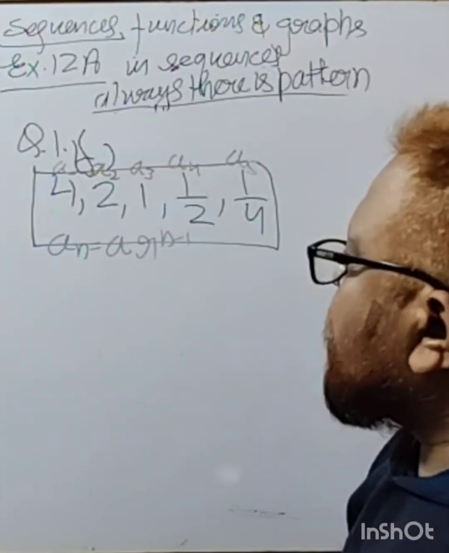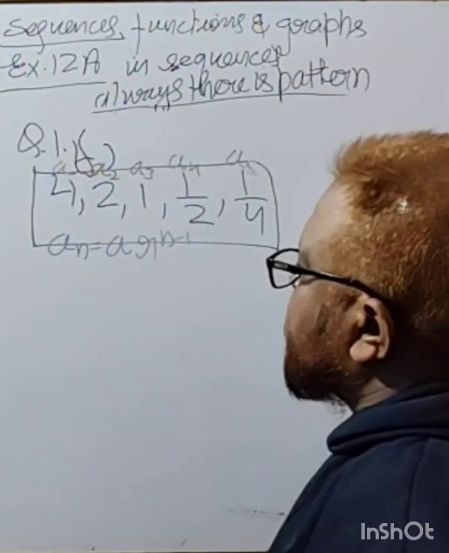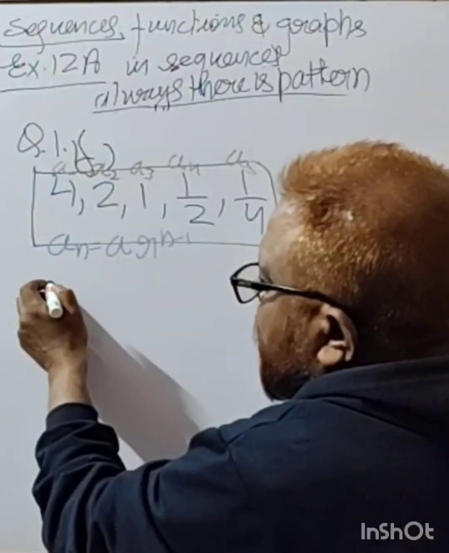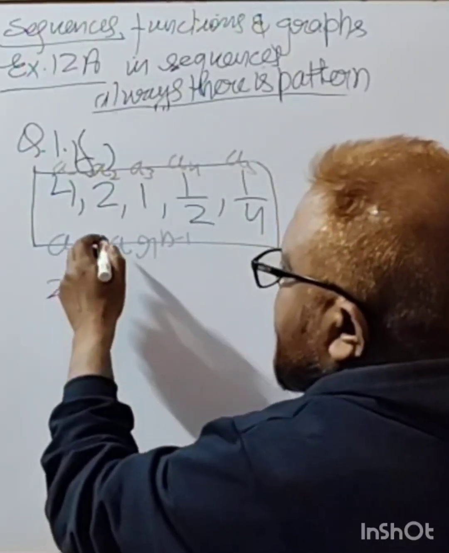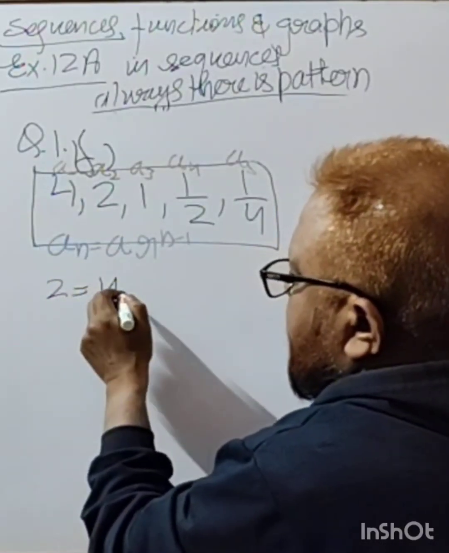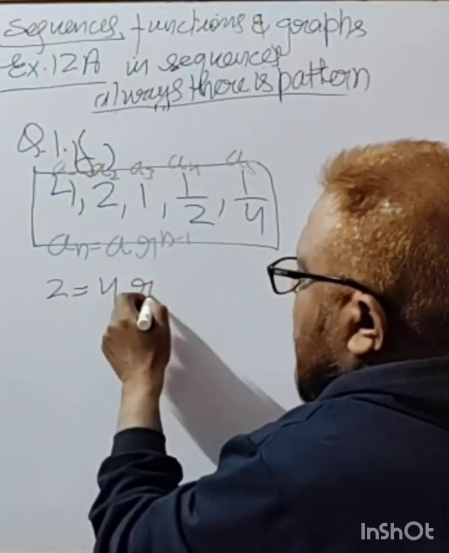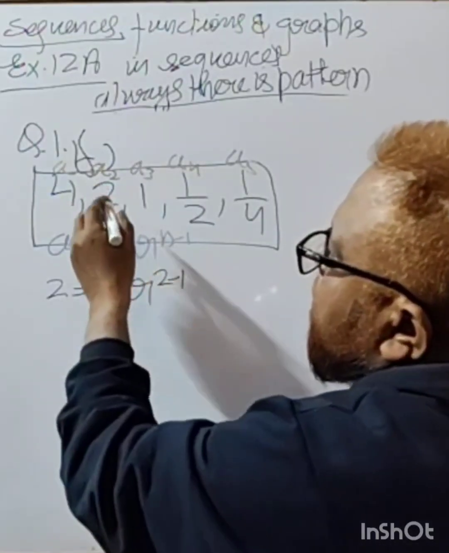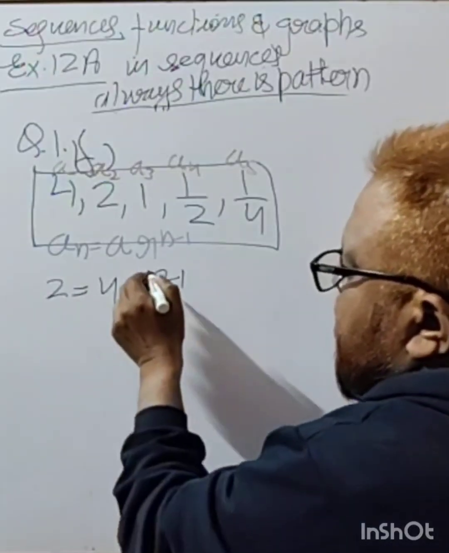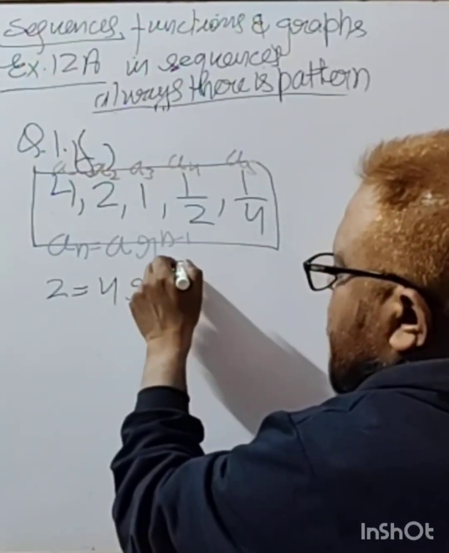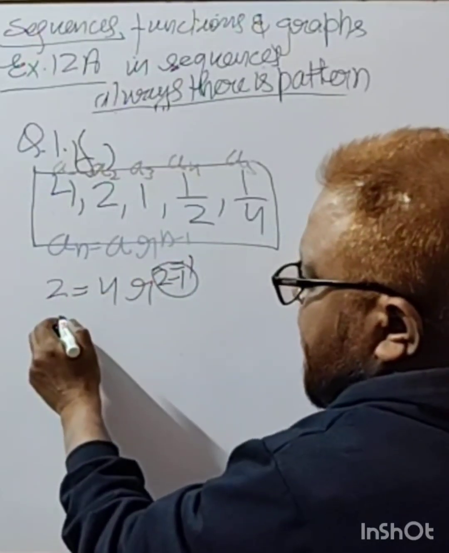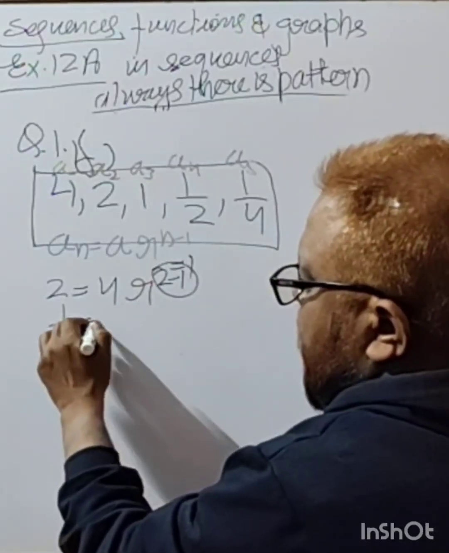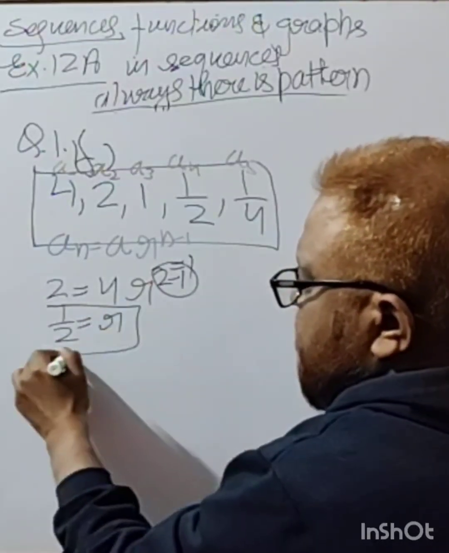Now, if I go, 2 is equal to 4 r raised to the power 2 minus 1, right? So it is going to be 1. So 1 by 2 is equal to r.